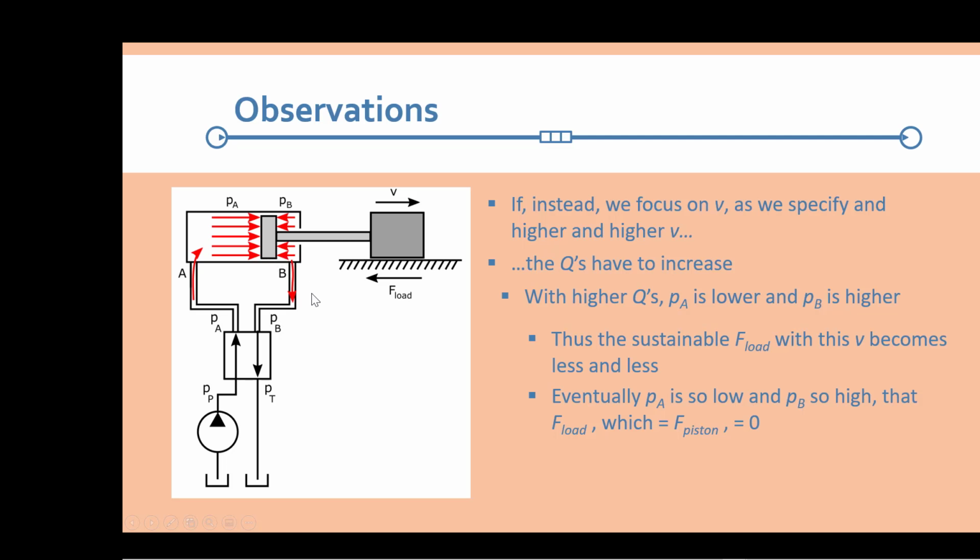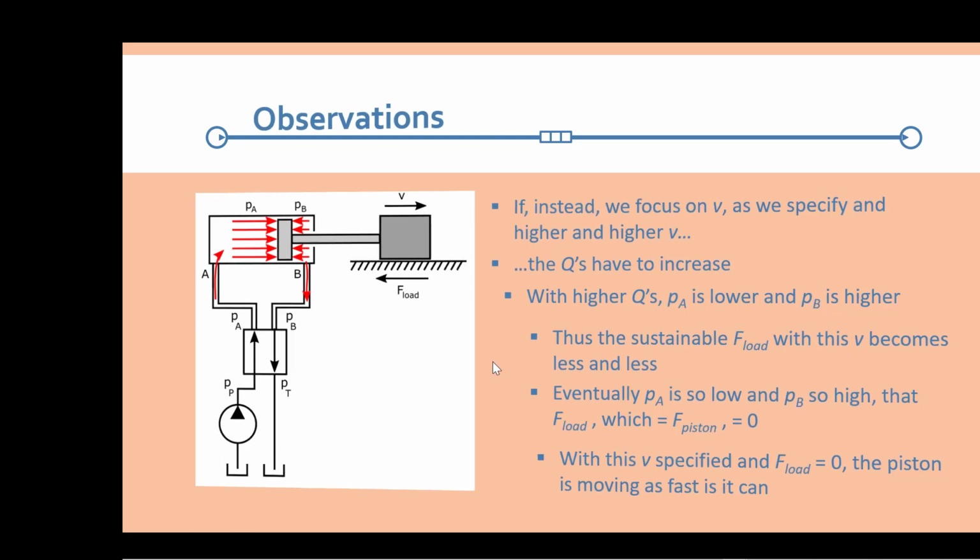So we can't support an external load. But at that point, the velocity is as fast as it can be. So if we reduce this load, then the velocity that we can sustain is higher. So you have a trade-off between load and velocity.